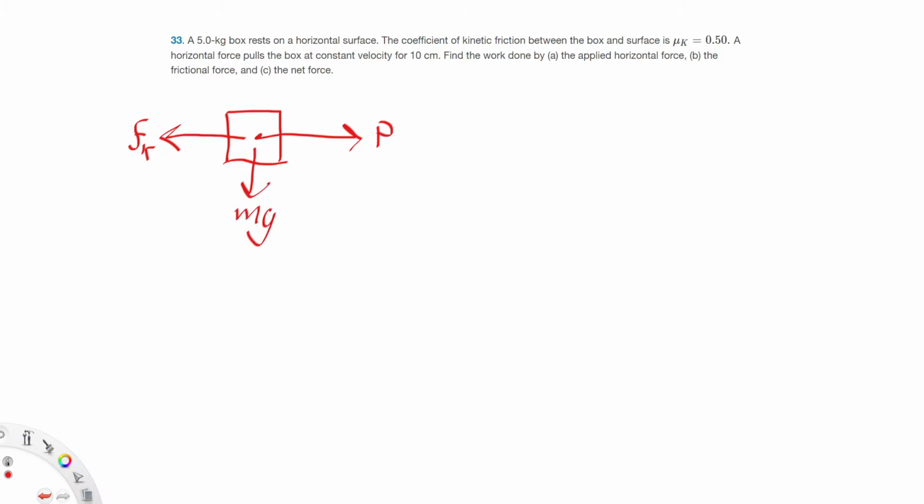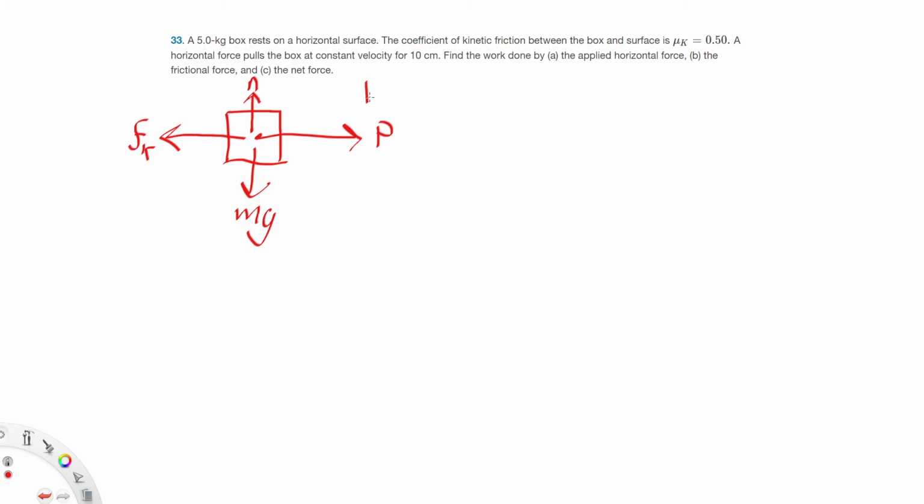Did I leave out any forces? Jaden says N. Yes. If we are resting on a surface, there is for sure going to be some normal force.